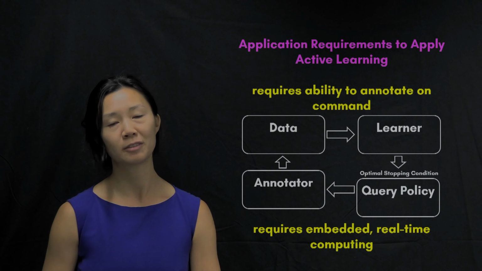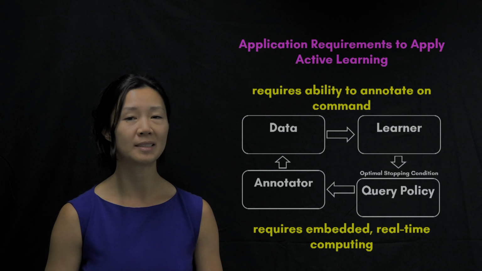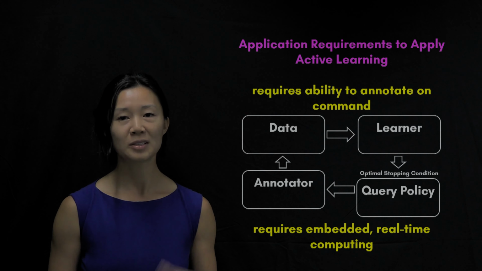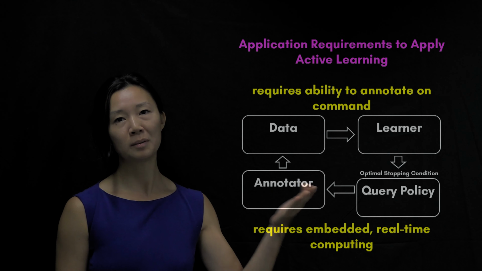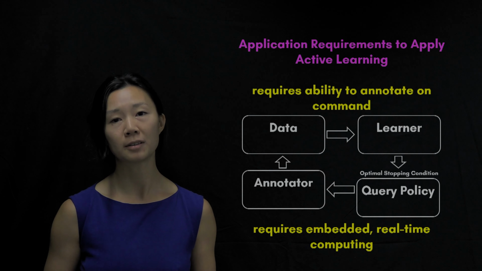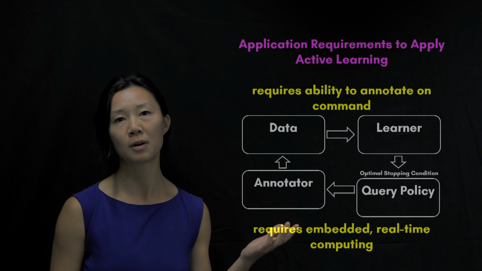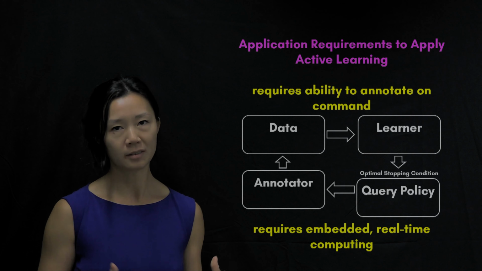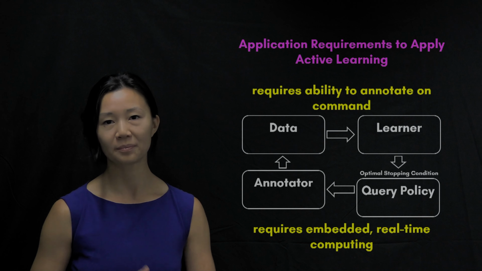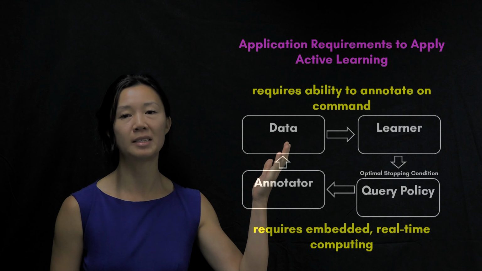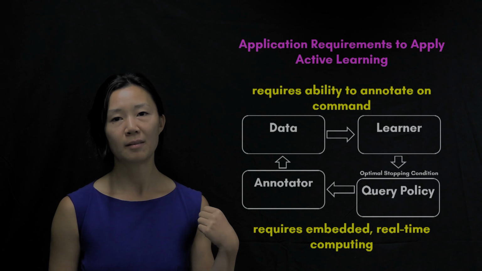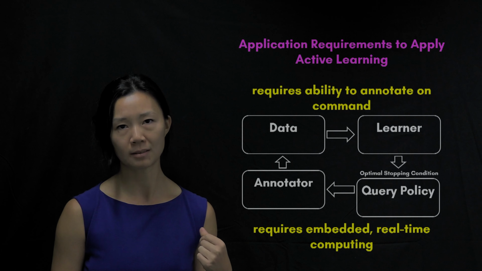To implement active learning, there are some requirements imposed on your system. As a reminder, this is a flow block diagram of an active learning algorithm, of the different signals and processes involved in implementing active learning. The first requirement is that you need to have the ability to annotate on command.